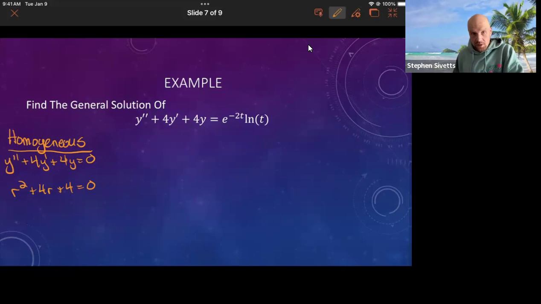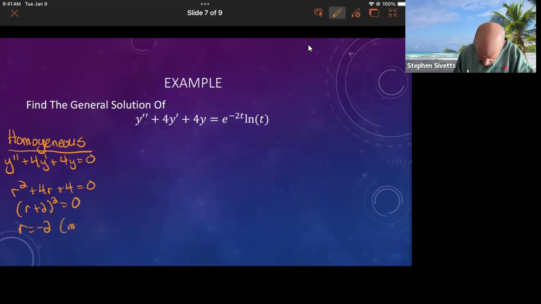Hopefully you know that is a factorable quadratic, which is r plus 2 squared is 0. And what we have now is a repeated root of r equals -2. So it has a multiplicity of 2.